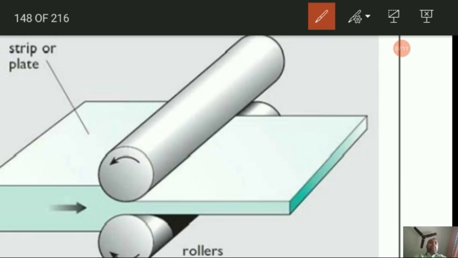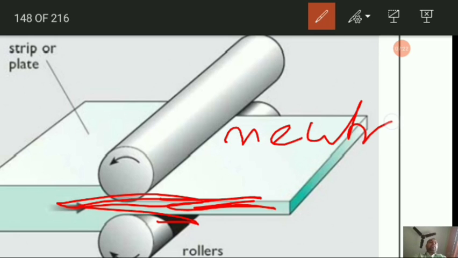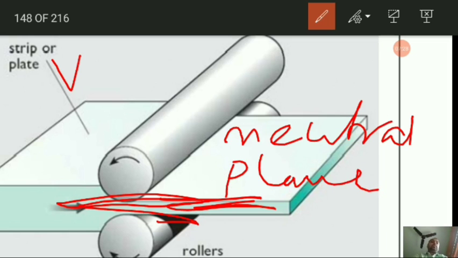Somewhere in between this shape there will be a place which will be known as the neutral plane, where the roll velocity will be equal to the velocity of metal. So that particular place is known as the neutral plane, where the velocities of the metal and roll are the same.